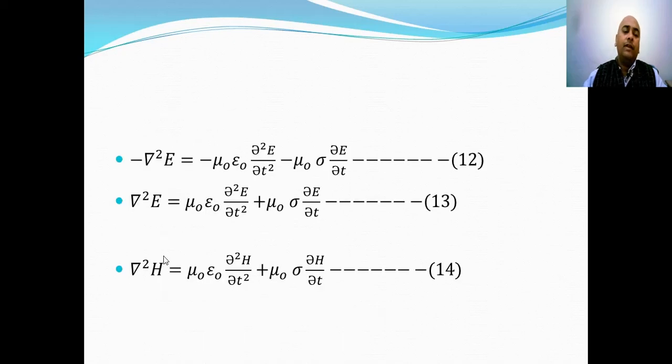Similarly, if we change the order of differentiation and curl for the magnetic field, we obtain that del square H is equal to μ₀ε₀ ∂²H/∂t² plus μ₀σ ∂H/∂t. So these equations represent the wave equations for a conducting medium.